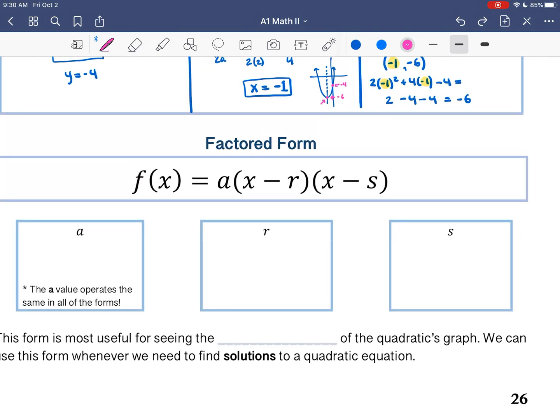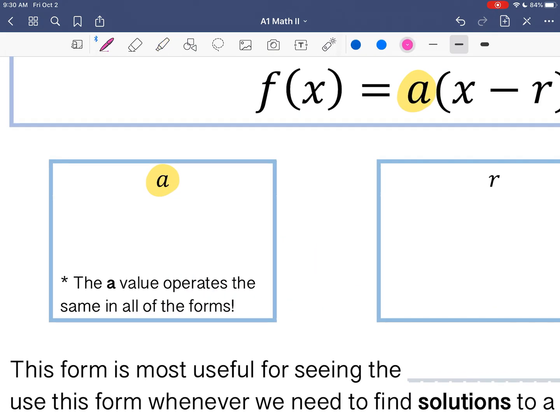Okay, let's move on to a different form. This is factored form, and we have an a, an r, and an s, instead of a, b, and c, since we already used those. Since a is the same, we keep that letter. What I mean by is the same is that it tells us the same thing. It tells us the concavity, meaning does it open upward or downward, and the stretch factor.